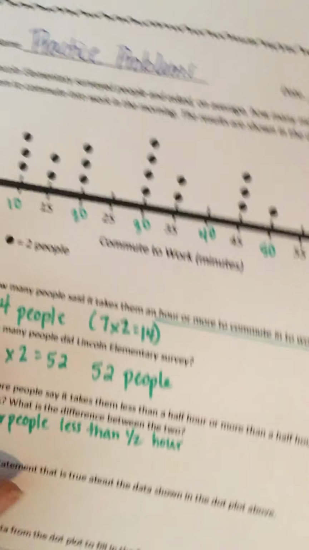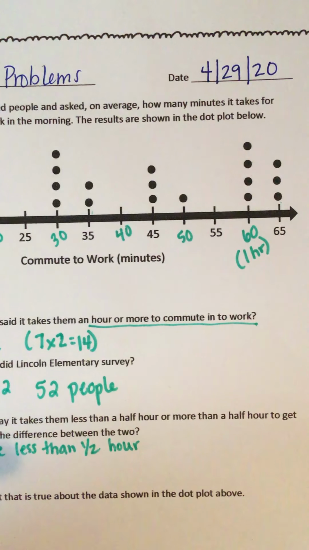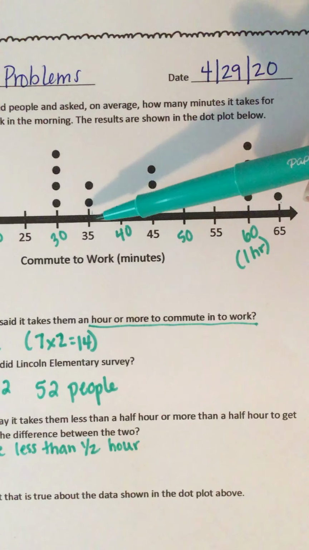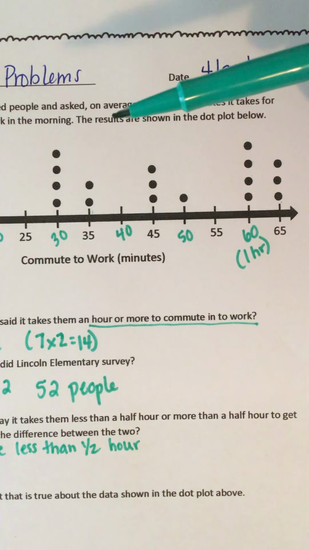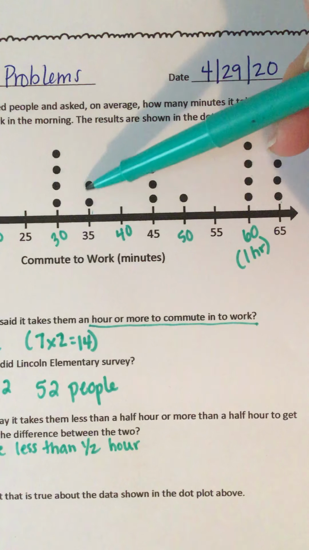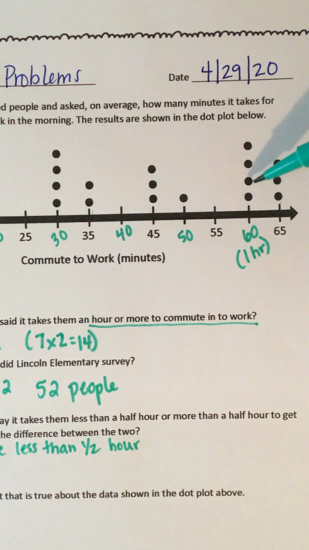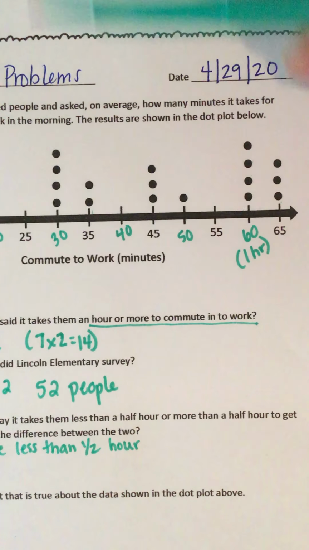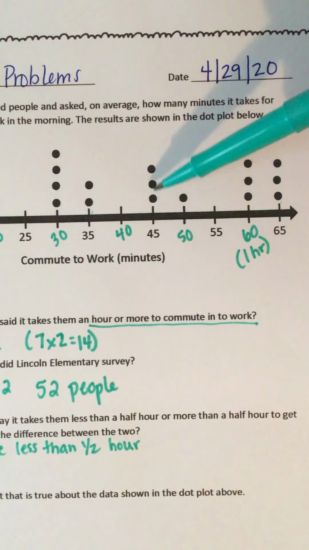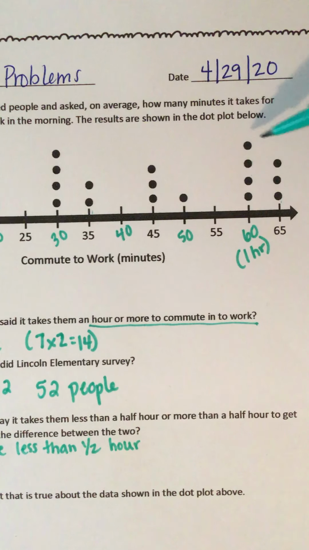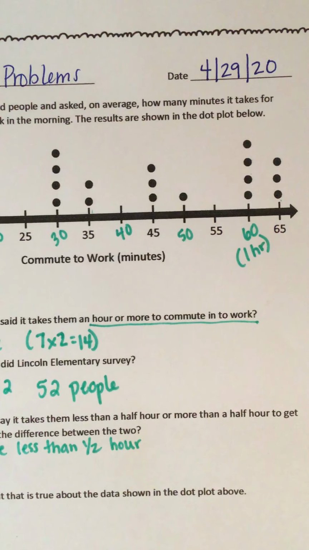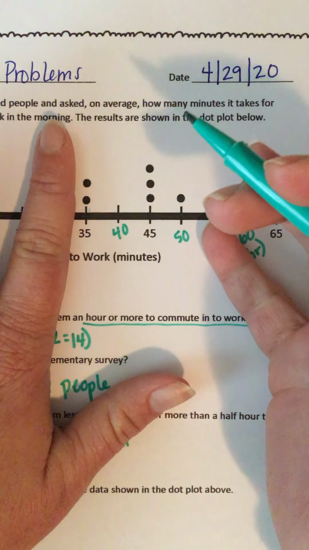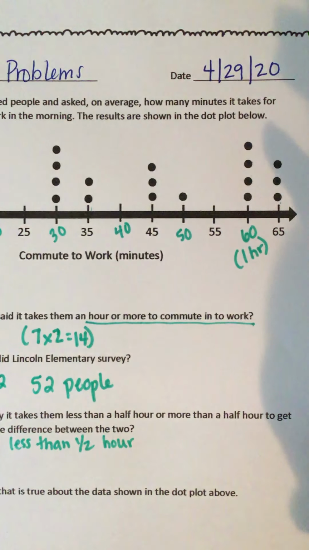And then you have above half an hour. So we have 1, 2, 3, 4, 5, 6, 7, 8, 9, 10, 11, 12, 13, 14, 15, 16, 17. I'm sorry, more than half an hour: 1, 2, 3, 4, 5, 6, 7, 8, 9, 10, 11, 12, 13. So you have 13 dots. We don't include the 30 minutes because it's not asking for 30 minutes.